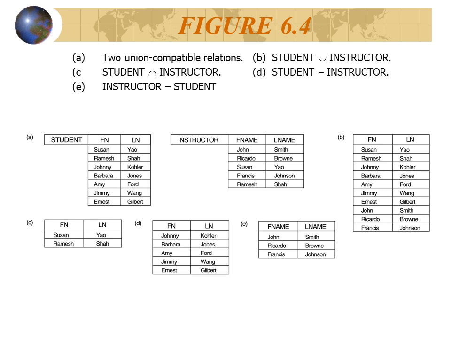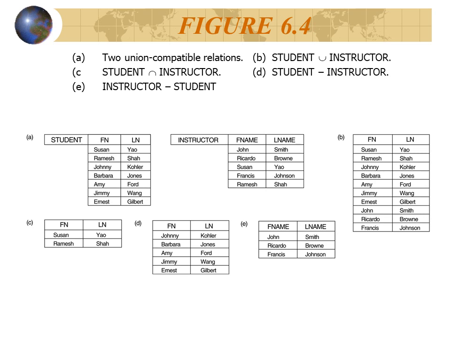The first one, in B, we are applying the union operation on student and instructor. Student is one table and instructor is another table, and we are applying the union between these two relations. In the result of the union you can see Susan, Ramesh, Johnny, Barbara, Amy, Jimmy, up to Ms. If the same values in the instructor also appear in the student, they get eliminated.